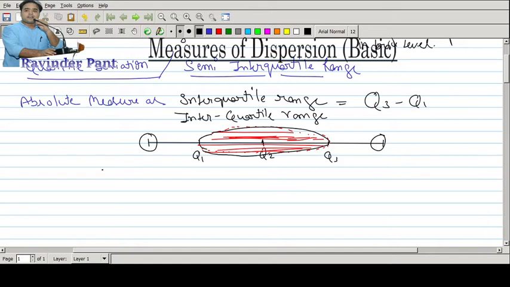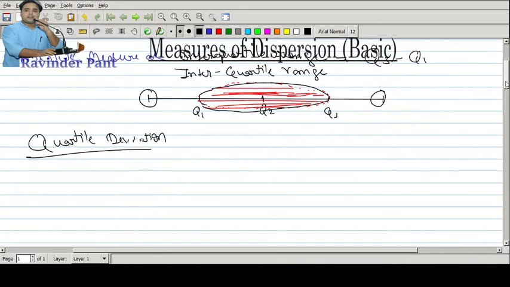Another concept which comes under this is quartile deviation. So this was the interquartile range. Another is your quartile deviation, which is just an extension of this interquartile range. The first measure of dispersion was range, where you calculated the difference between the largest value and the smallest value.